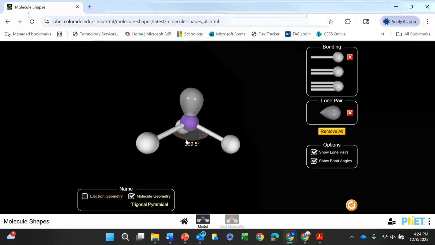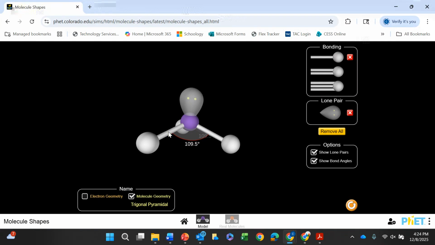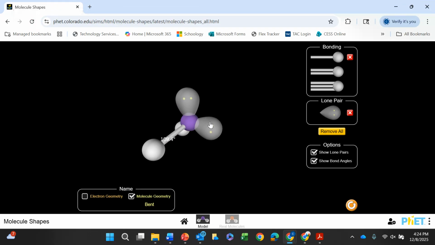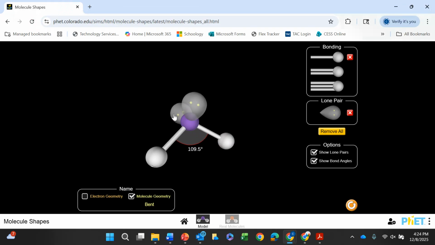It has this bond, the bond in the back, and then this pair. 1, 2, 3, and 4 electron domains. If I were to get rid of this lone pair, and add another bond, we still have 4 electron domains. 1, 2, 3, and 4.